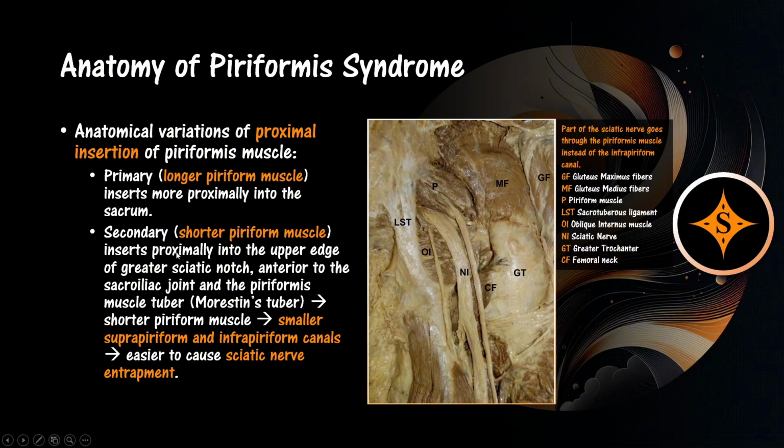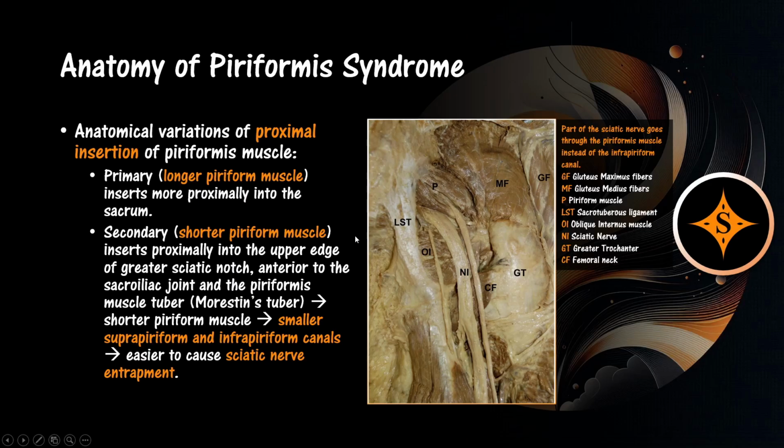The secondary insertion is where the base of the piriformis muscle actually inserts into the greater sciatic notch of the coxal bone instead of the sacrum.